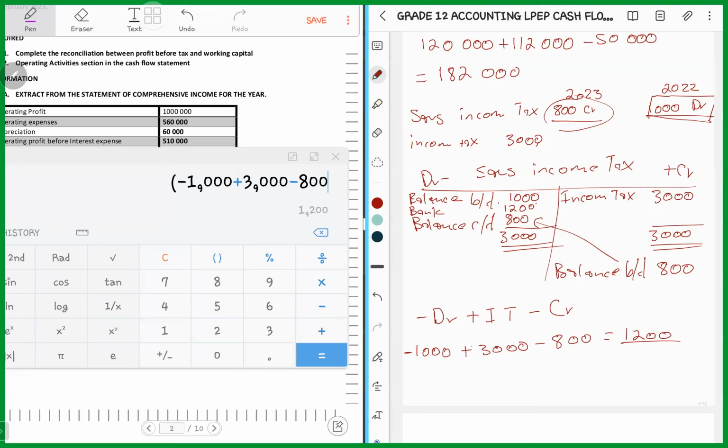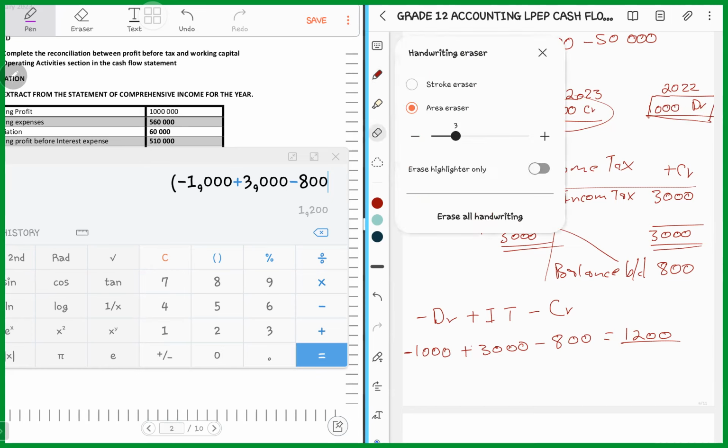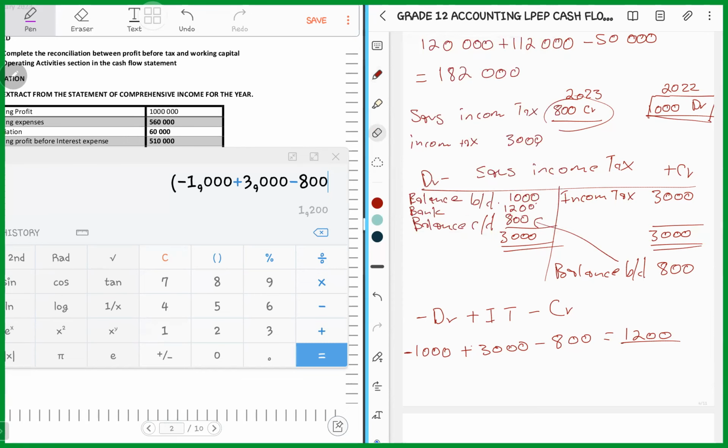If maybe it's a debit and a credit. Let me just show it this way before we proceed. I hope you understand the first one, since you said debit and credit. So now I want to show you if it's the opposite.